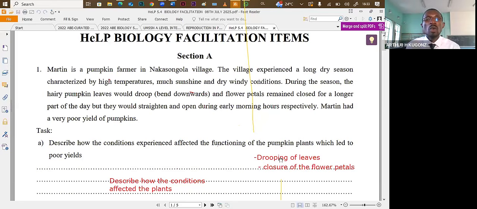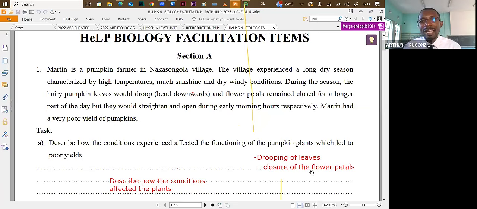You can only celebrate if you realize that you have at least generated 3 or more responses. Now, according to those principles, it means that on our task A, we are not yet done because we've only been able to generate 2 responses, and we have picked these 2 responses from the scenario.